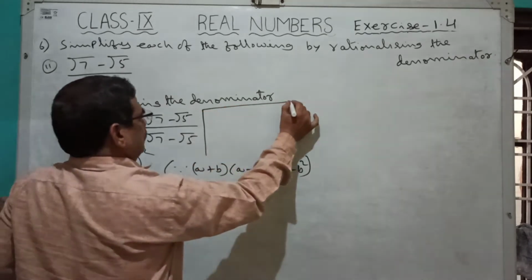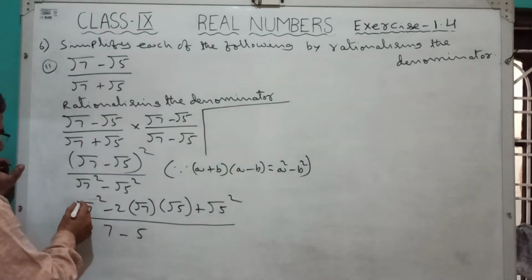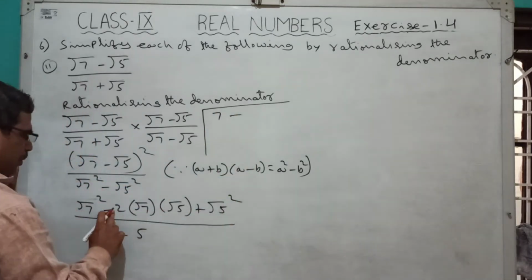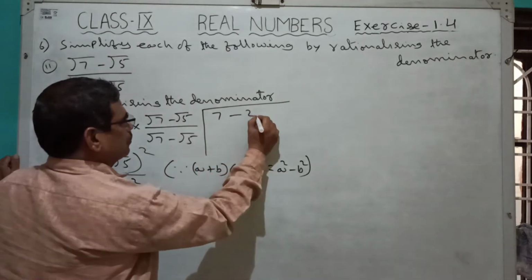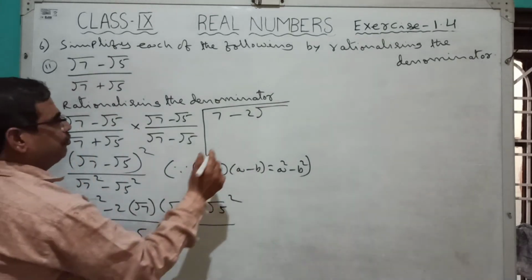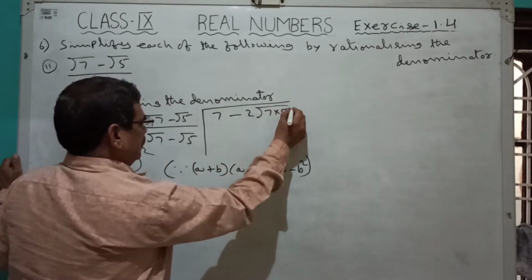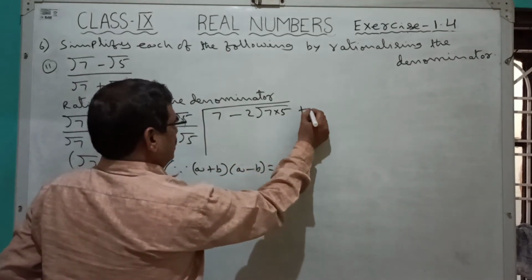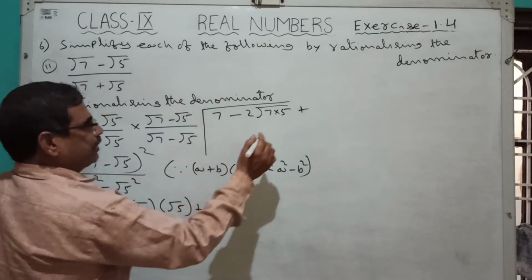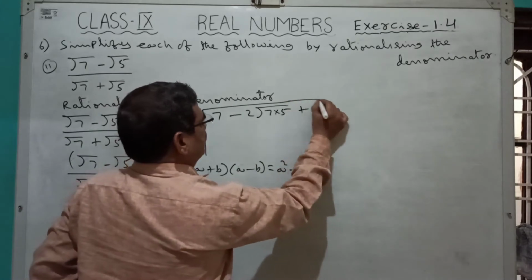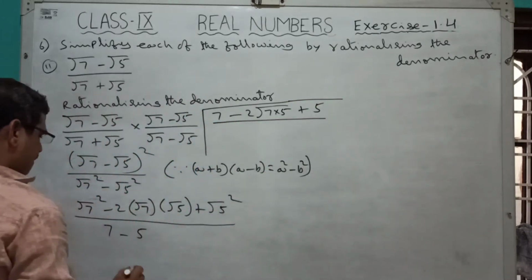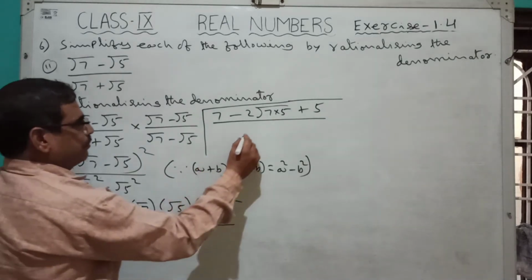So square root will get cancelled, 7 minus 2 into 7 into 5. In multiplication we write a single root. Plus square root will get cancelled, 5 is there. So divided by 7 minus 5.